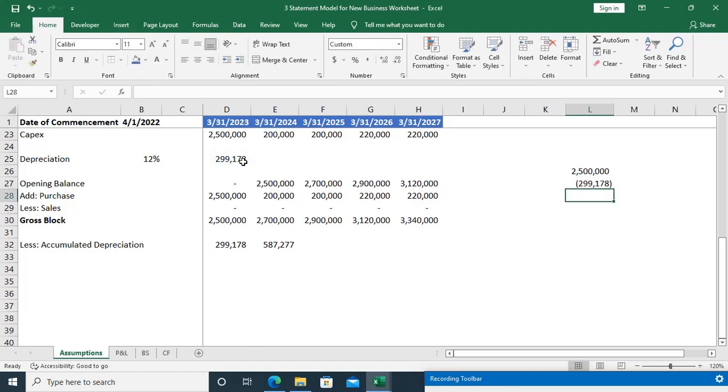So this was your depreciation. Then what should have been your remaining amount? It should have been your remaining amount in the asset account as of the end of the first year. So on your balance sheet, what amount should come? This amount should come at the end of this year.